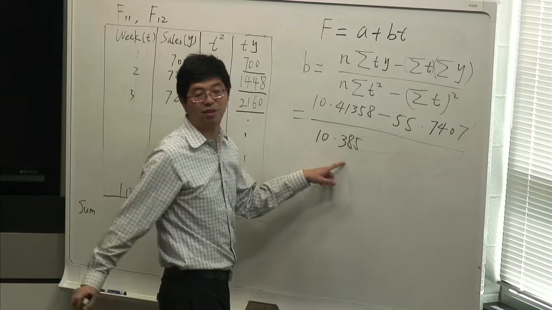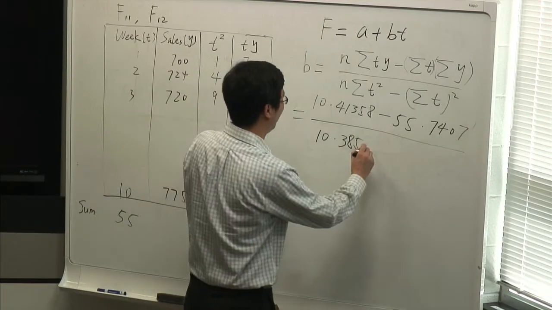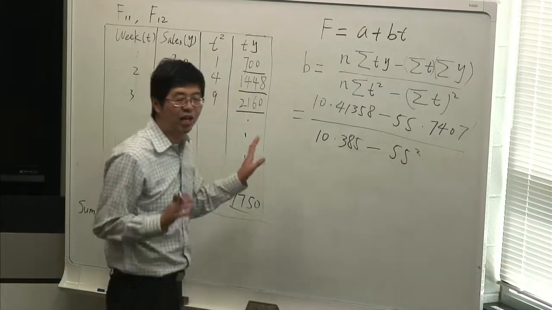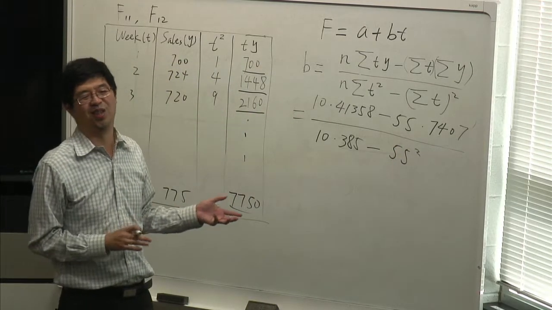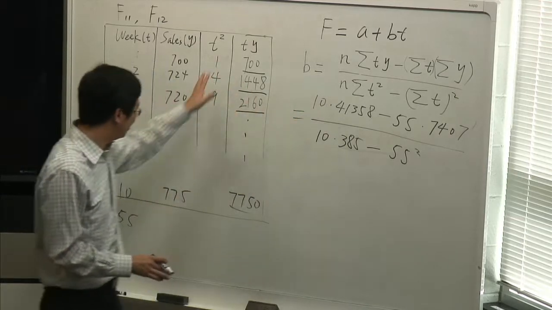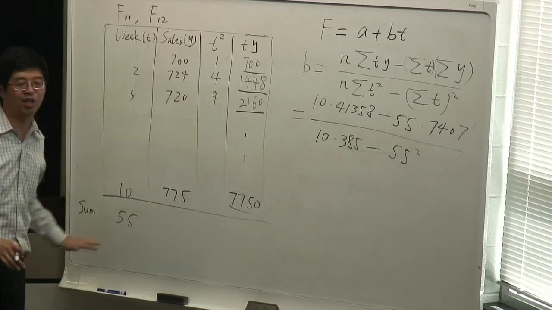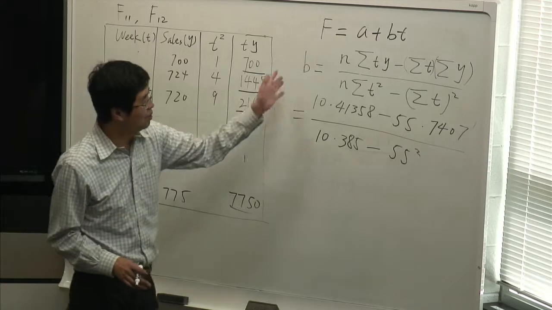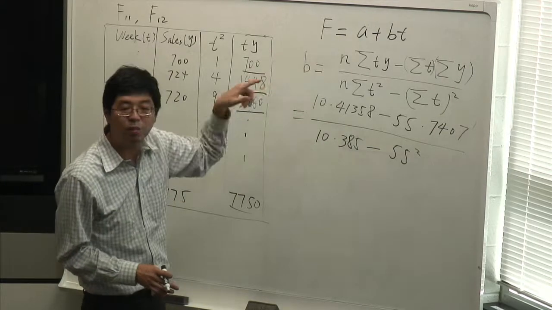I believe most students get the correct here. Last one. Minus 55 squared. If you get all the numbers correct here, I believe most likely you will get the correct slope. But you can see the big step is to calculate this summation. Be very careful. If the summation is right, just like Dante has done, just plug them in.